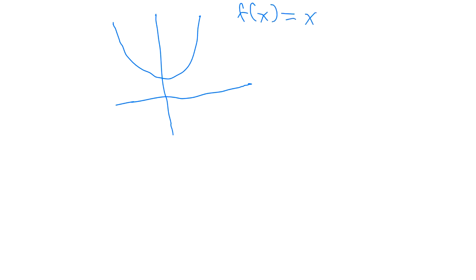So let's say we have some function, x squared plus 1. And then we want to find the equation for the tangent line at 0.25.